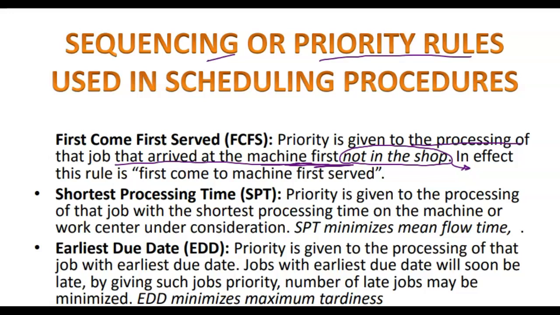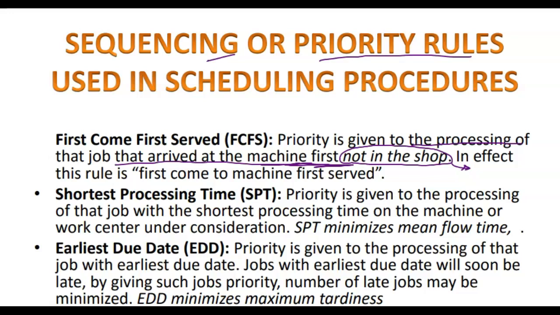Another job may arrive after, and maybe the machine that will work on that job is readily available. That job will get to the machine first, though it didn't get to the shop first, but it will get to the machine first if you are using first come first served.